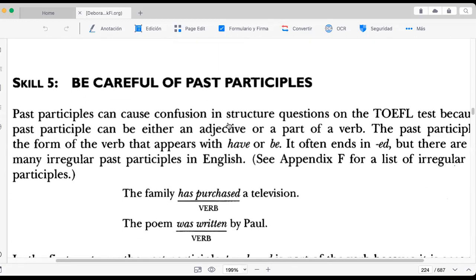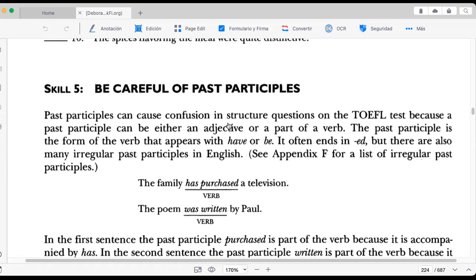Be careful of past participles. Does someone want to read it? No one? Okay.